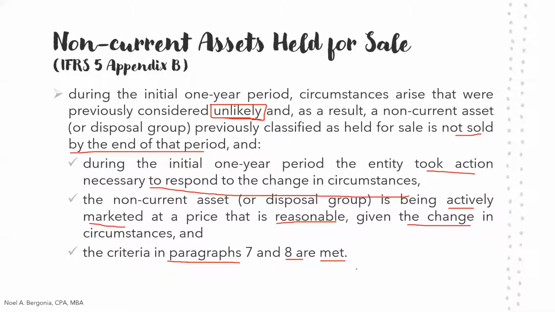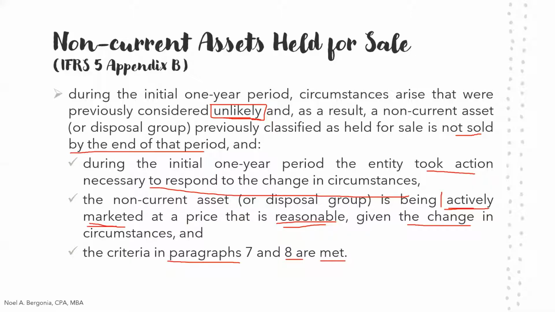So again, after discussing I think 4 slides based on IFRS number 5, the major requirement is that the sale should be made within 1 year. But again, if there are circumstances beyond the entity's control, exceptions to the rule of 1 year can be applied, and the entity should have taken action on those circumstances, and that particular non-current asset or disposal group should still be actively marketed at a price that is reasonable.